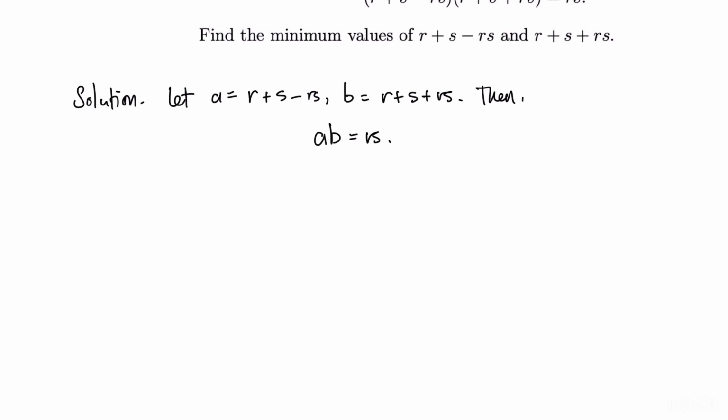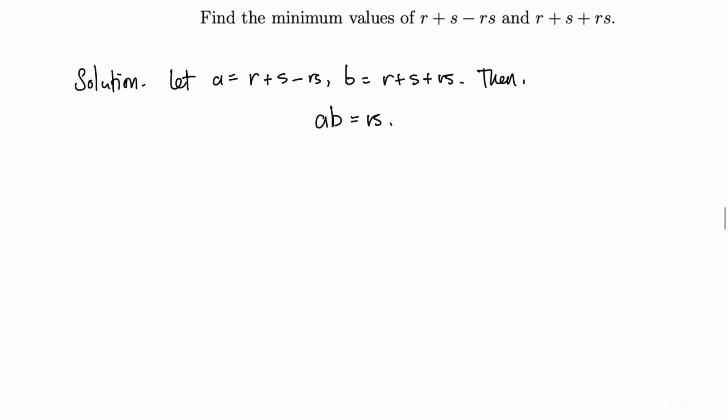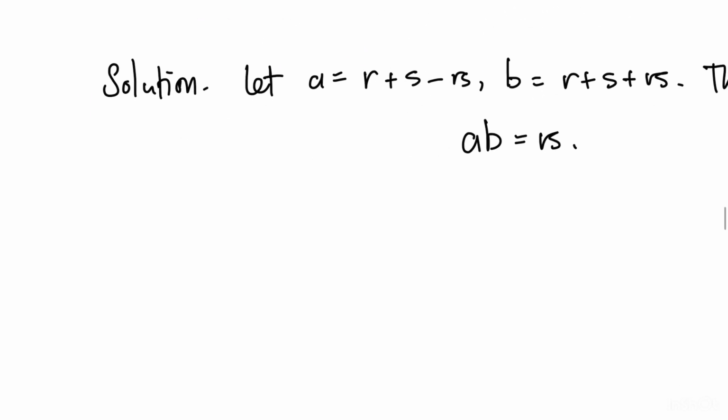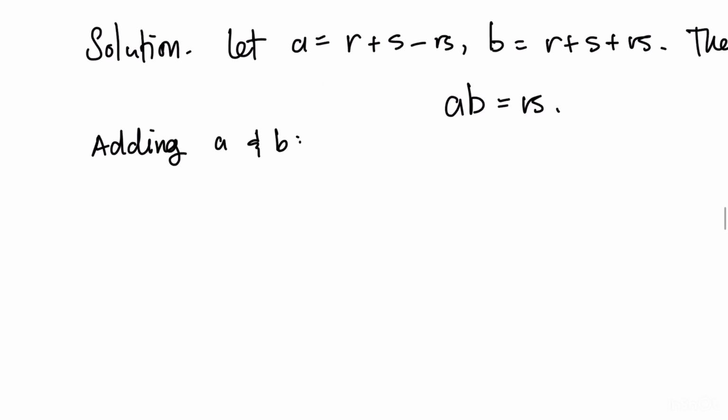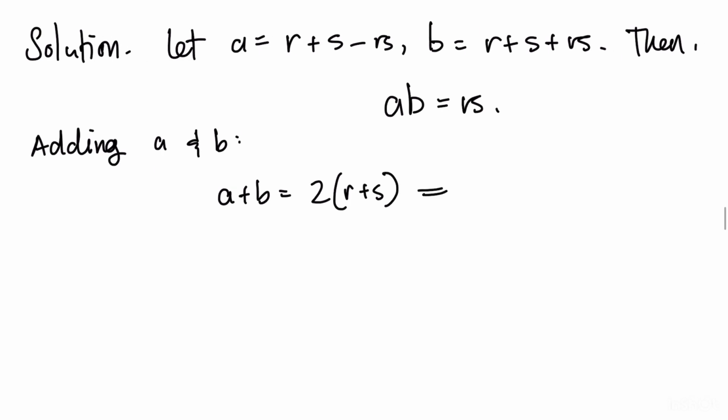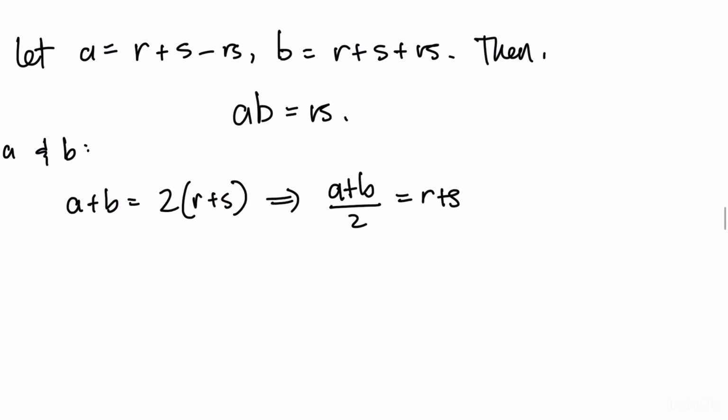Now what I'm going to do is add and subtract A and B. So I'm going to add them first. Adding A and B, we get A plus B equals 2 times the quantity R plus S, which implies that A plus B all over 2 is equal to R plus S. So I'm going to call this equation number 2, and I'm going to call the first one equation 1.